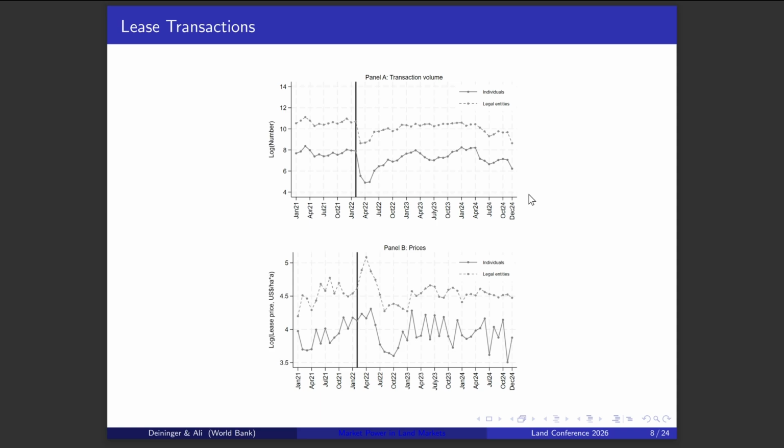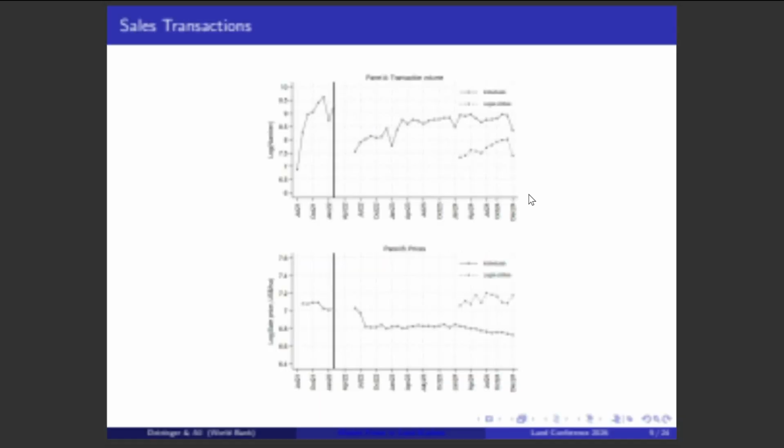You clearly see that legal entities are quite dominant in the lease market, and they also pay slightly higher than individual tenants. But since February 2022, both transactions and prices were pushed down, though they are still resilient after the Russian invasion of Ukraine.